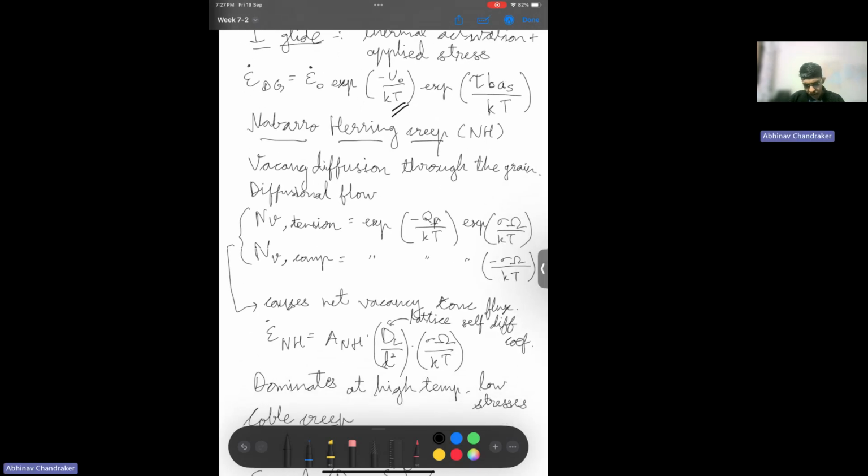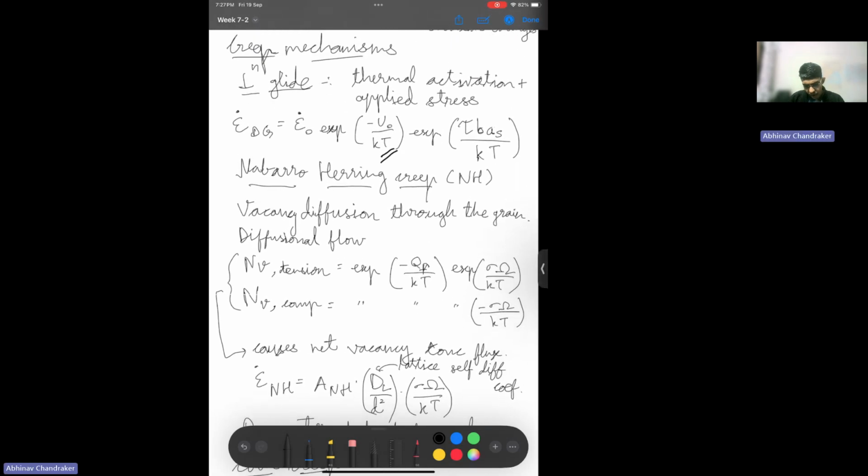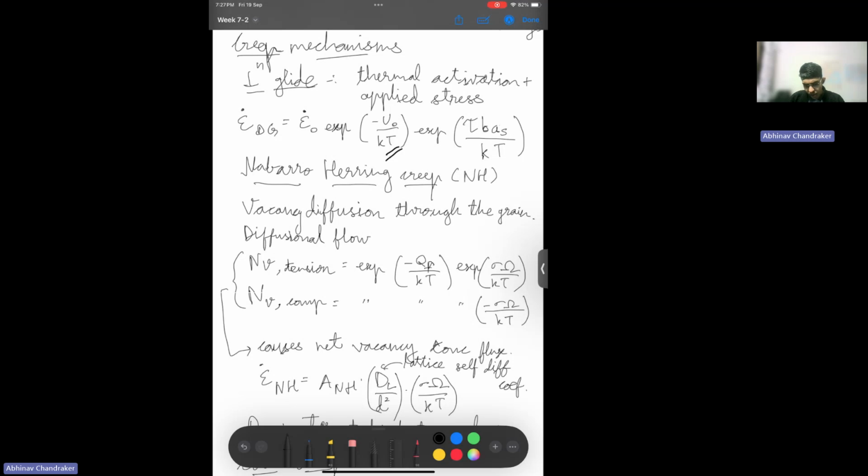Then you can also have other mechanisms involved in creep, which are more diffusion based. So one is Nabarro Herring creep, where you have vacancy diffusion through the grains being the dominating factor, leading to straining of the material.